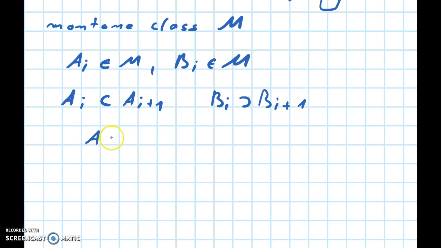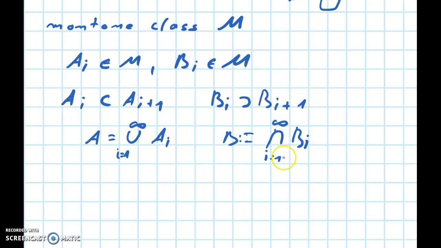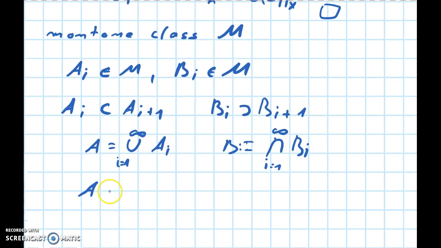Then A, which is defined to be the union from 1 to infinity over the A_i, and B, which is defined to be the intersection of the B_i, A and B are in M. So A is an element of M and B is also an element of M. And if this is true, this M is called a monotone class.